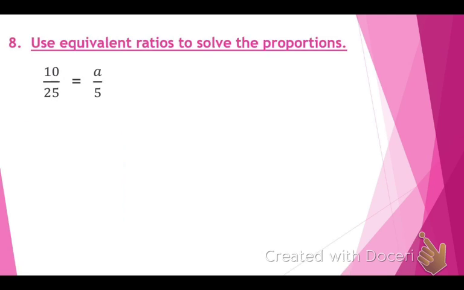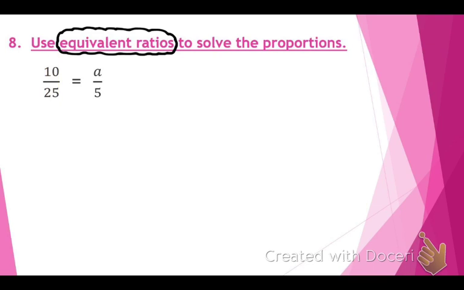Use equivalent ratios to solve the proportions. Yesterday on your quiz, many people were doing cross products instead, but look carefully. It's asking for equivalent ratios, so this is how you have to show me your work. On this, you can see we know both the numerator and the denominator of the first fraction. I don't know it of the second one.